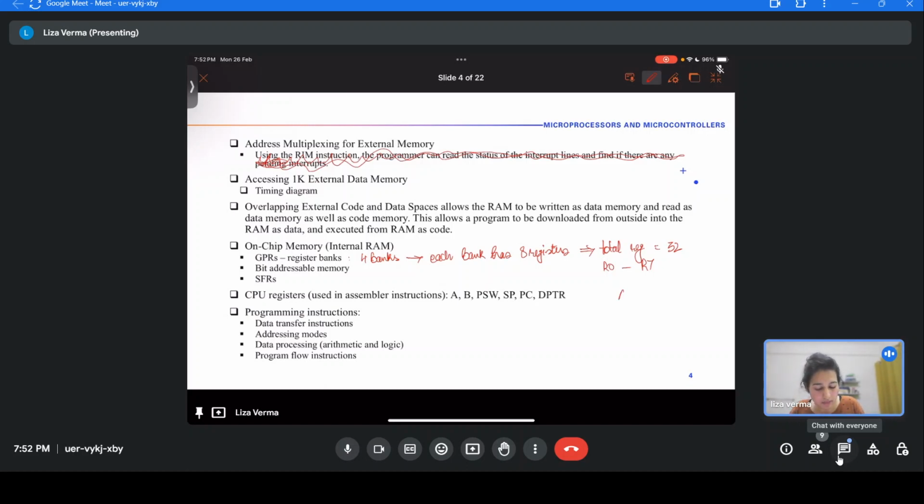Even the alphabets are not 32, they are less than 32. Let's say you repeat after Z, you start naming them as A B, and so on. After that, you'll have 32 different instructions for each of the bank registers, right? Yes.